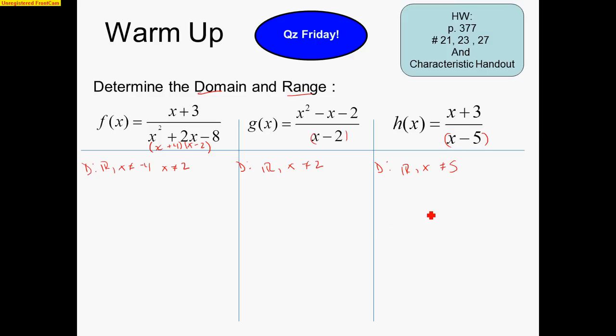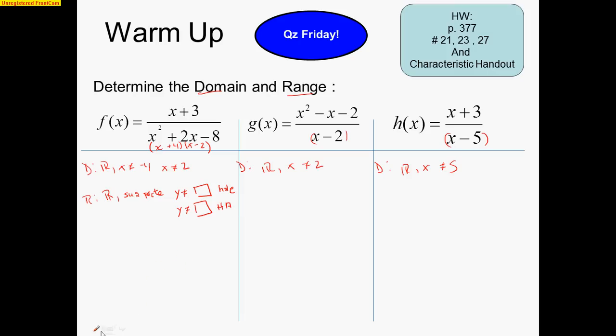There's the domain. Now, in order to do the range, as I taught you before, you write all real numbers and then your suspects. I might have to kick out a y value of a hole. I might have to kick out a y value of a horizontal asymptote.